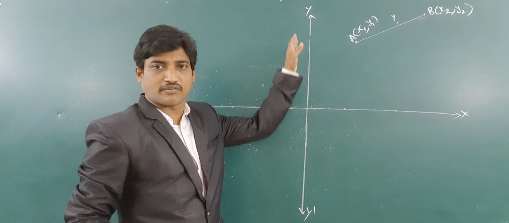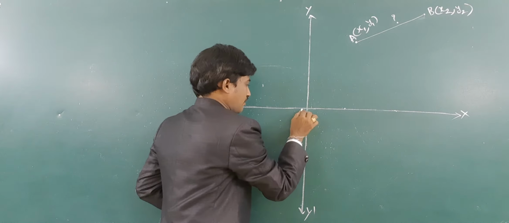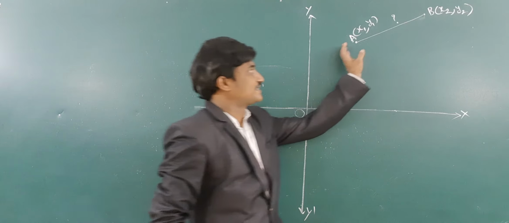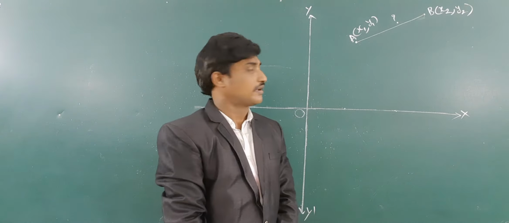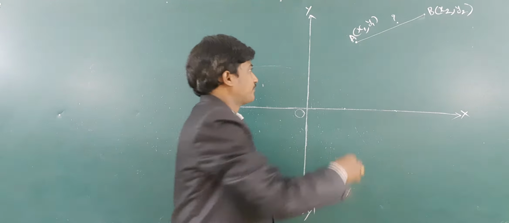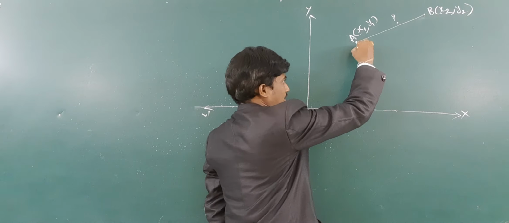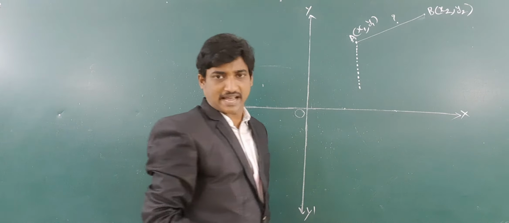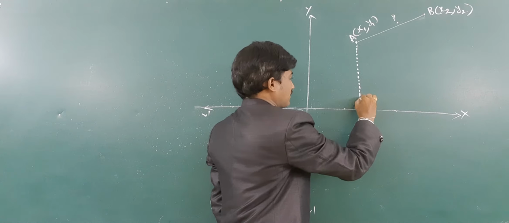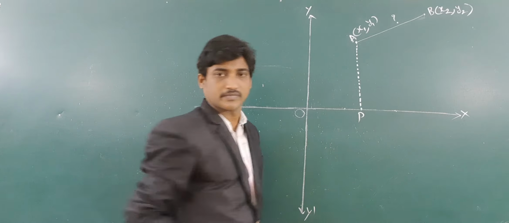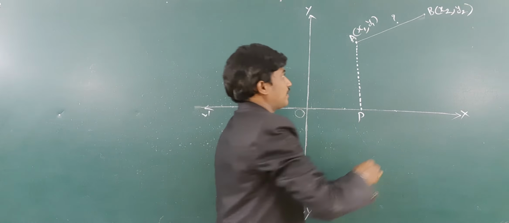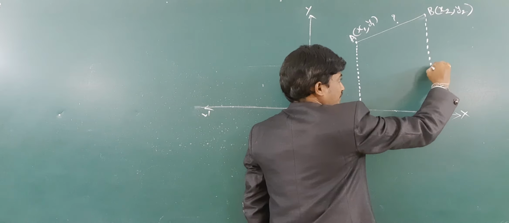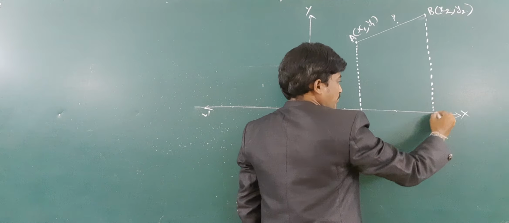Here the x-axis and y-axis intersecting point is also O. To get the distance formula AB, let us draw a perpendicular from A onto the x-axis as AP. Draw a perpendicular from B onto the x-axis as BQ.